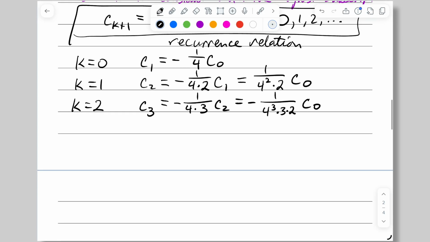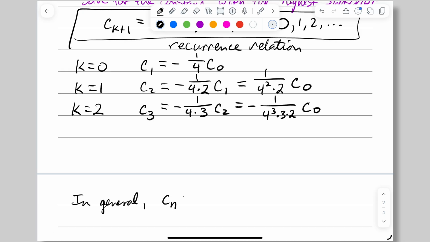If we wanted to identify a pattern, we could say that in general, c sub n, a general term, is equal to negative 1 to the n. Notice that for c1, our term is negative. For c2, our term is positive. So for an odd subscript, we have a negative term, and for an even subscript, we have a positive term. We can achieve that by negative 1 to the n.